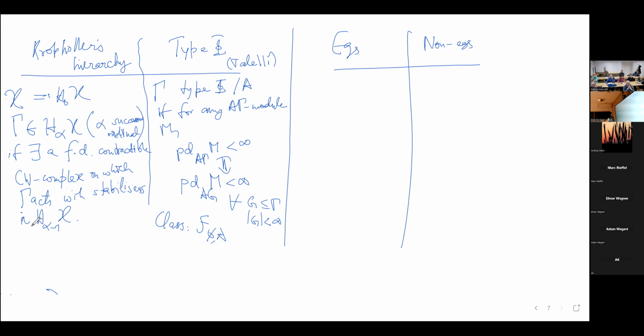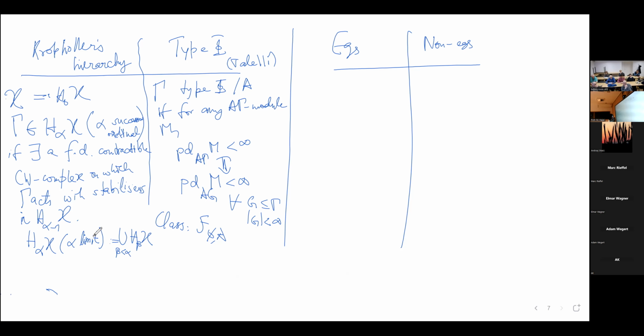And then if alpha is a limit ordinal, H alpha X is just defined the normal way, like I take the union over H beta X for all beta strictly smaller than alpha.